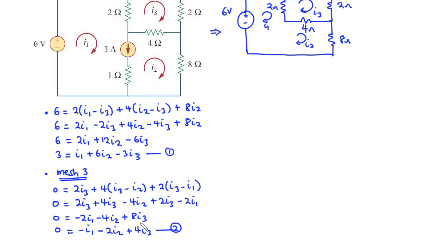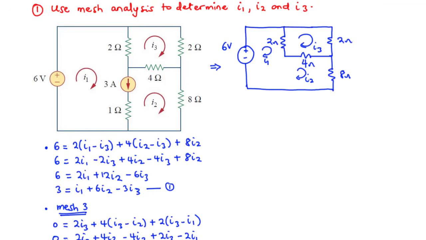Now looking at the two equations, we have 3 unknown variables, I1, I2, and then I3. We need to do something about it. Now even before that, let's come back to the initial circuit diagram. We can apply KCL at this node. Here we have 3 amperes approaching the node, we have I2 also approaching the node, and then we have I1 leaving the node.